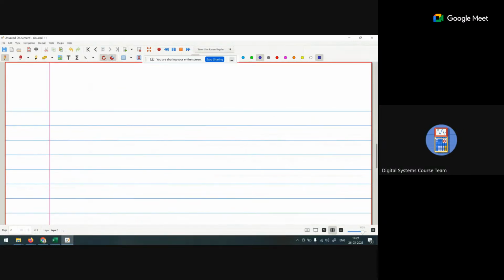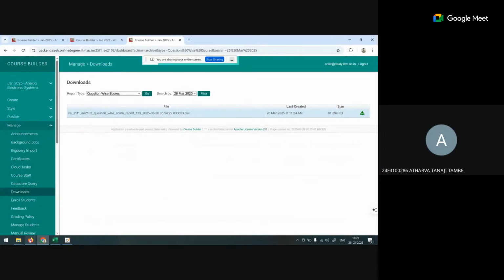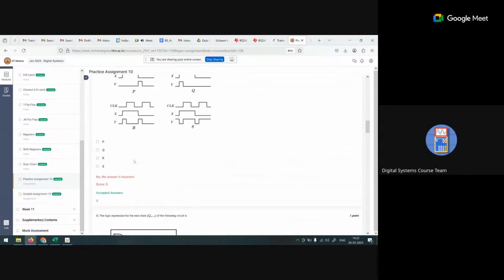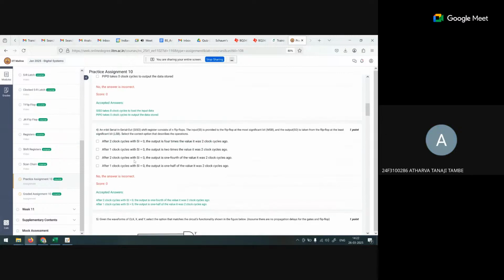Now this question will be like that. Sir, actually, I was having a doubt in the fourth question. A similar question was asked in the graded assignment of week 10. But the answer is C and D. In the week 10 graded assignment, it is not an MCQ type question.